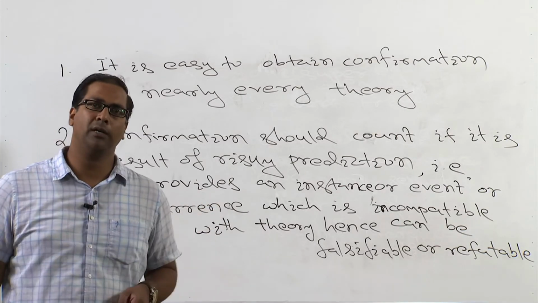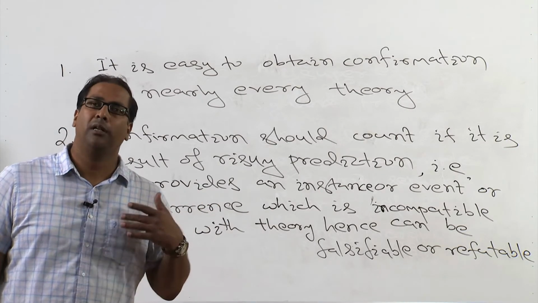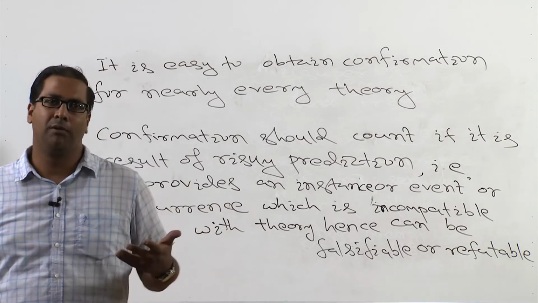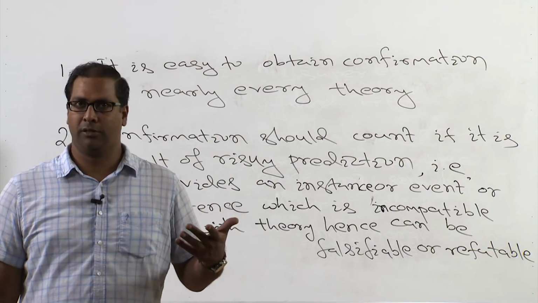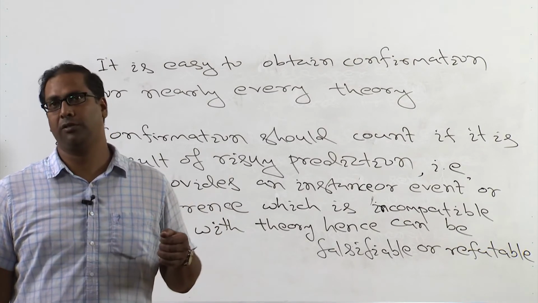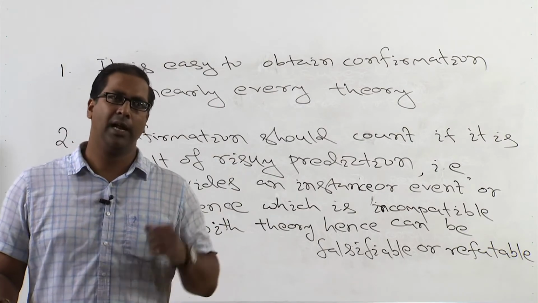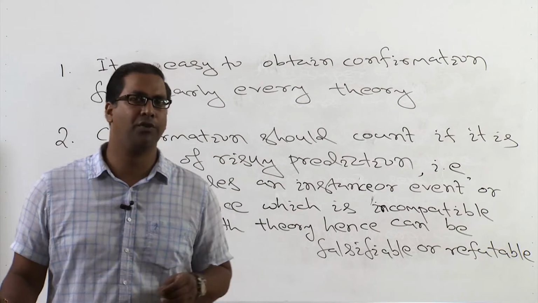Let us think of Karl Marx's theory. Now, Popper says the original theory of Karl Marx had certain risky propositions which could have been easily falsified, and that would have made it a very sound theory.